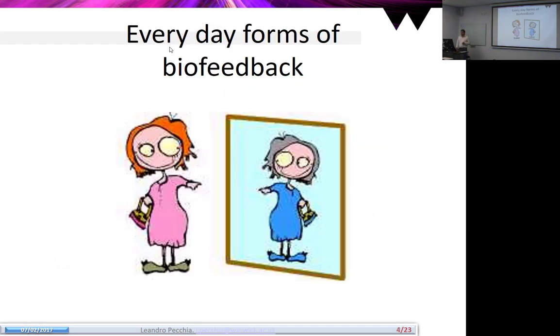The cortical area of our brain. Now, the first concept in biofeedback is that actually you get feedback every day. Even if you look at yourself in the mirror, you have a form of feedback. Feedback meaning you take an information and you propagate this information to yourself.